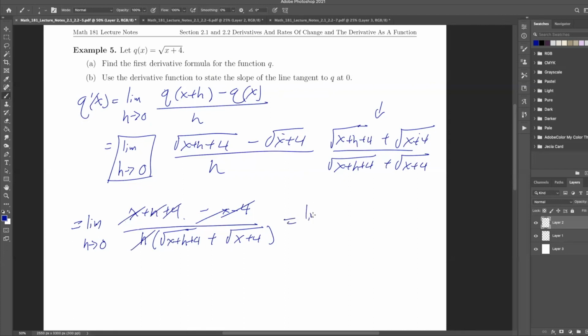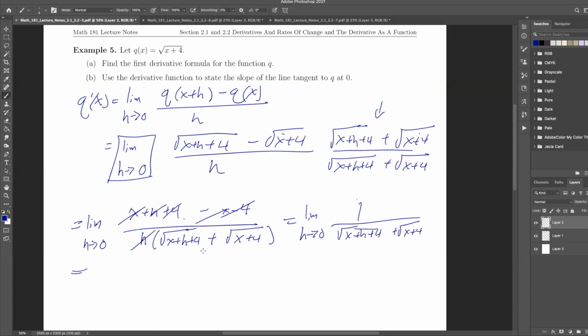I'm left with the limit as h goes to 0 of 1, because I crossed everything off, over the square root of x plus h plus 4 plus the square root of x plus 4. And this time I won't skip the step.